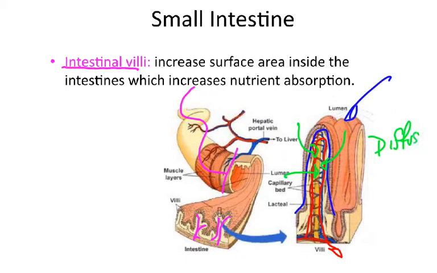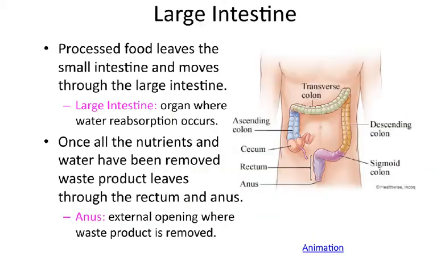This is happening by diffusion mostly, with some active transport involved for larger substances. So this is how you're harvesting materials out of the food that you were eating, and you're using villi to increase the surface area and increase the rate of absorption of those materials.